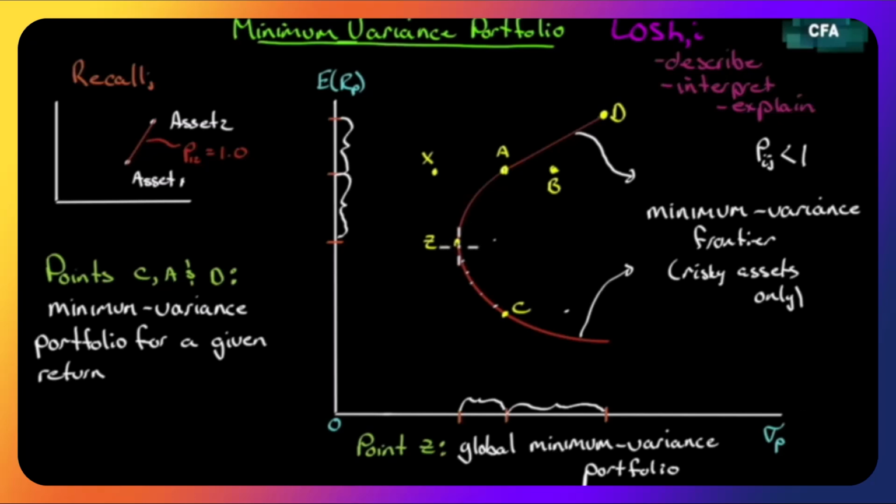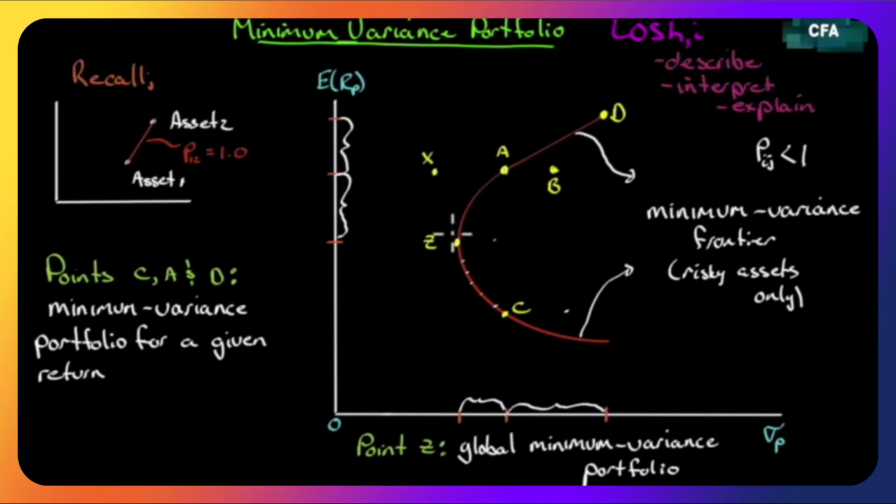So as we move away from the global minimum variance portfolio, we begin to add return, but we also add risk at an increasing rate per unit of return. The further away from this point we get, the riskier and riskier it becomes. The variance really starts to add up.